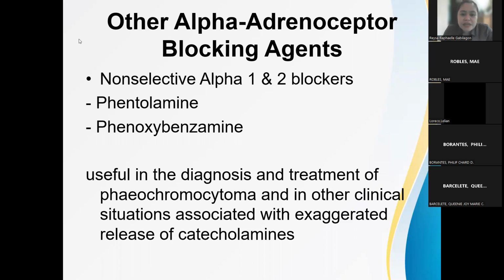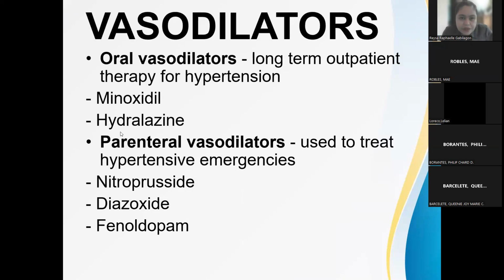Ito silang dalawa ginagamit natin for the treatment, diagnosis at the same time treatment of pheochromocytoma. So na-mention ko na kanina what pheochromocytoma is. Okay? But phenoxybenzamine has a longer duration of action compared to phentolamine. So yan yung kanilang difference.